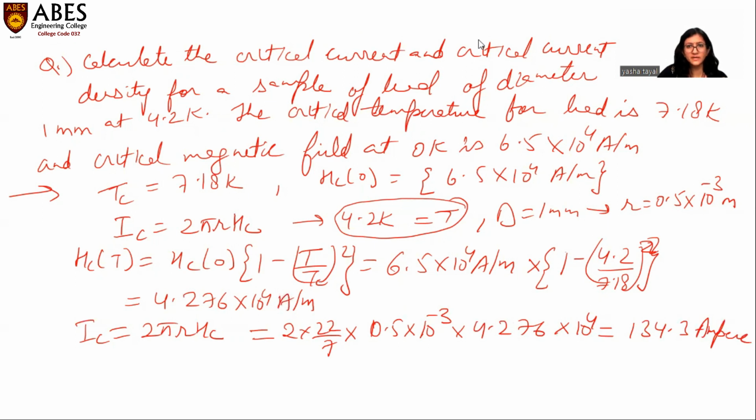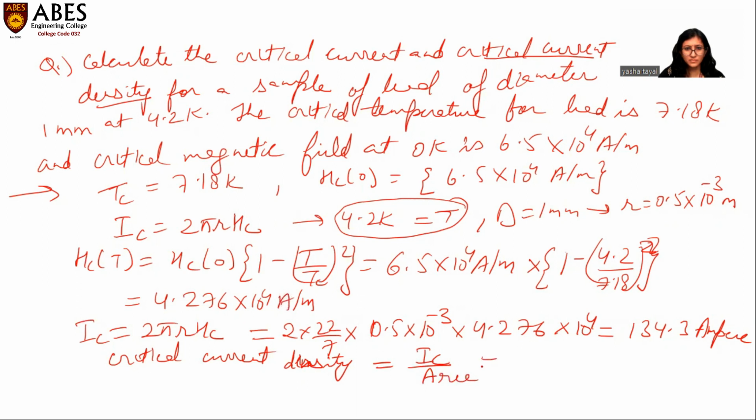Again, we have to determine critical current density. In order to determine the critical current density, this can be current upon area. So the value will be 134.3 upon pi r square.